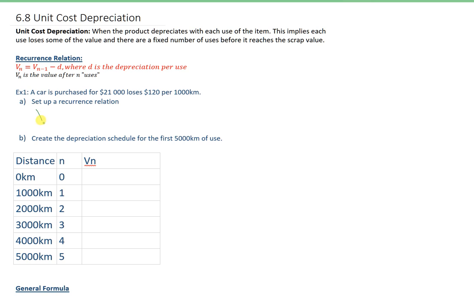We don't have too much to go through here. Okay, so what I end up with, well, Vn, my current value, is whatever the previous value was minus 120. Okay, again, my V0, always important to state, is equal to $21,000.